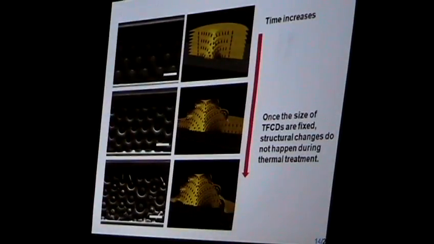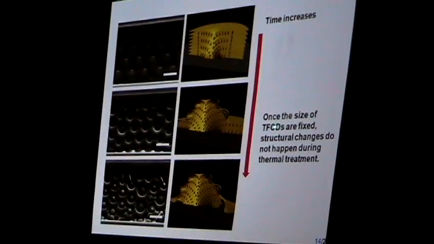And here I use a 10 micrometer width channel, and as we saw in the 5 micron channel, there was only one TFCD in the channel, but here there are a little bit more TFCDs in it.